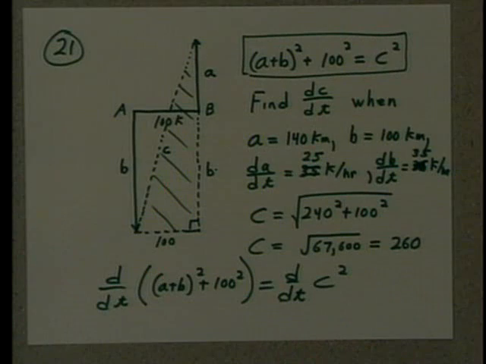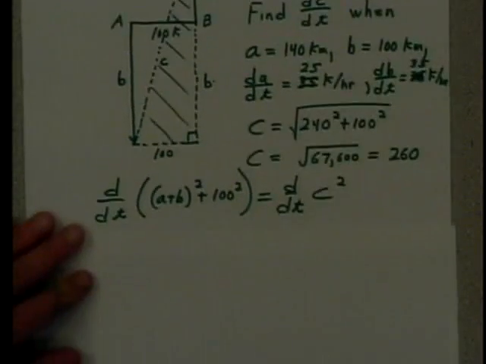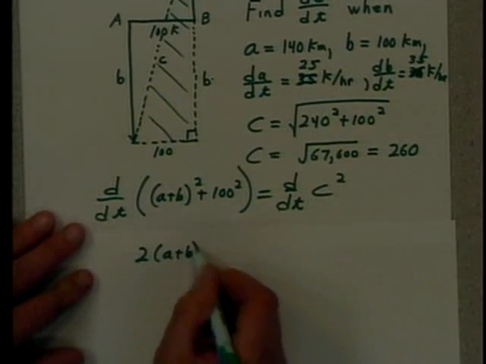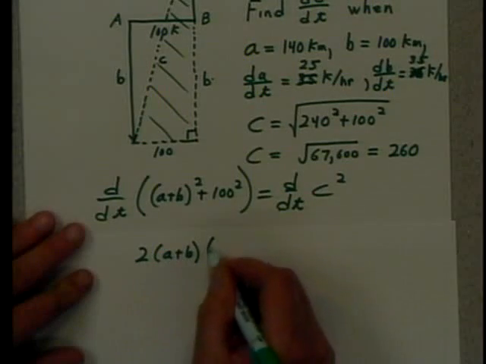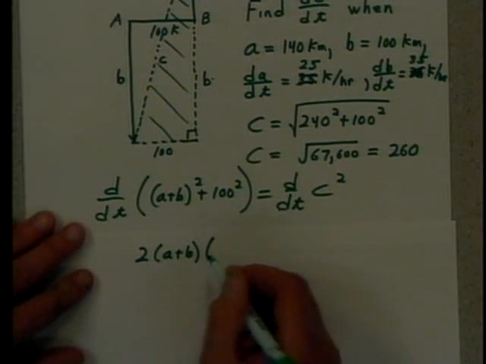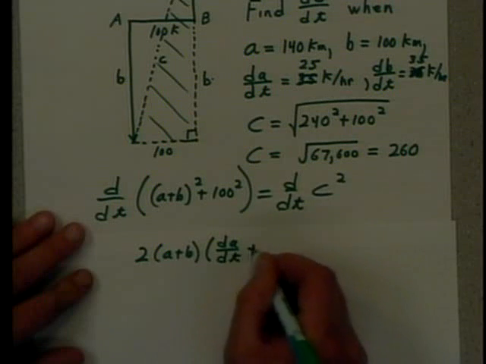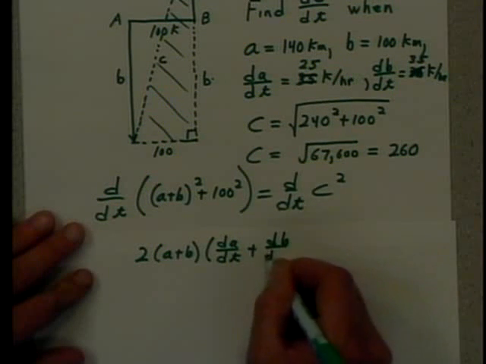Okay, on the left, what do you get? Well, the derivative of a plus b squared, according to the chain rule, is 2 times a plus b to the first times what? The derivative of what's inside, which would be dA dt plus dB dt.